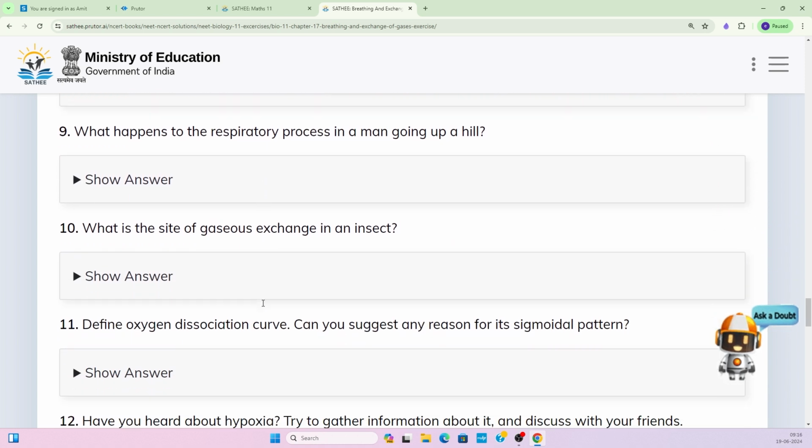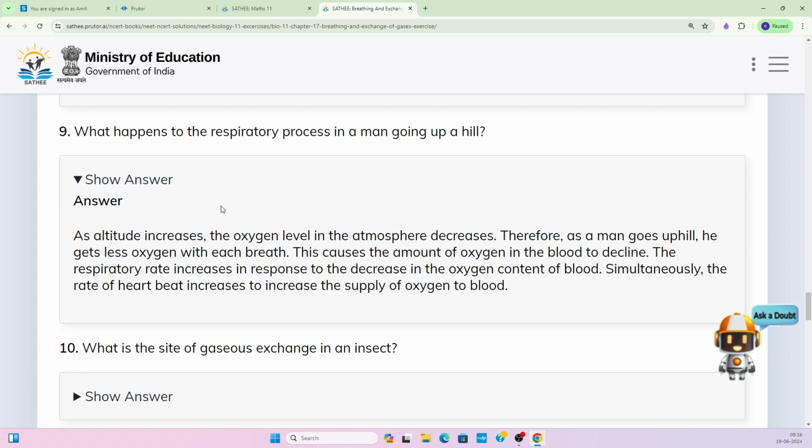Now comes the question: what happens to the respiratory process in a man going up a hill? When you go to the hill region, the respiratory process changes, right? So let us see how it happens. As the altitude increases, the oxygen level in the atmosphere decreases.